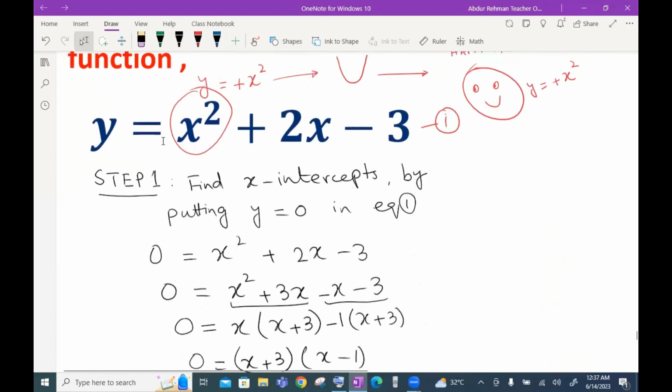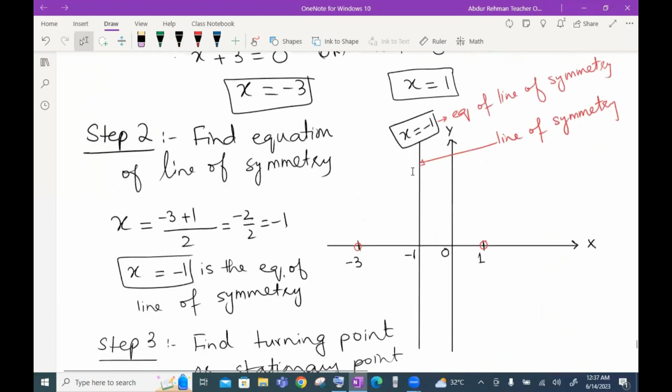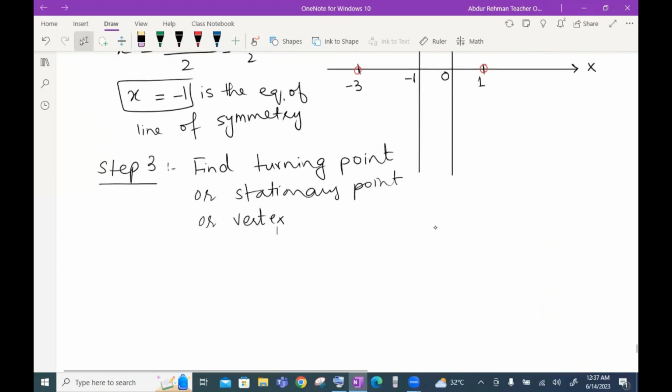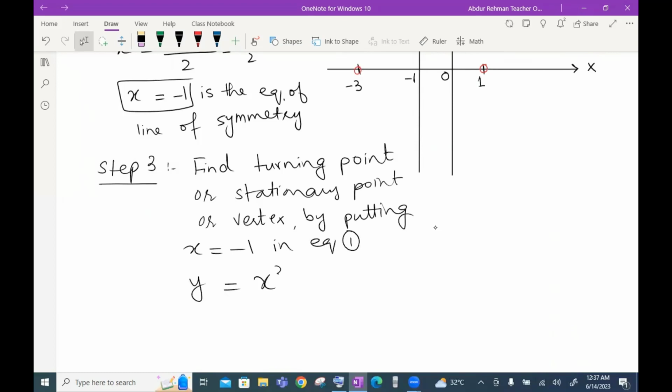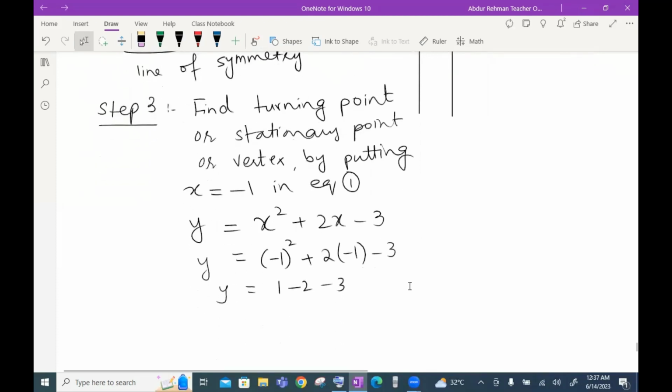By putting x equals minus 1 in the original equation, y equals x squared plus 2x minus 3, with x as minus 1: 1 minus 2 minus 3. So y will be minus 4.